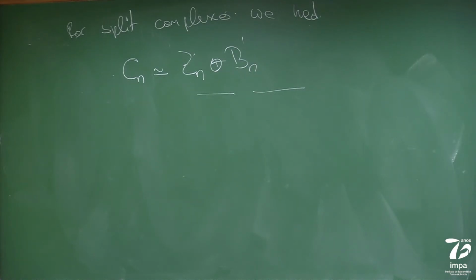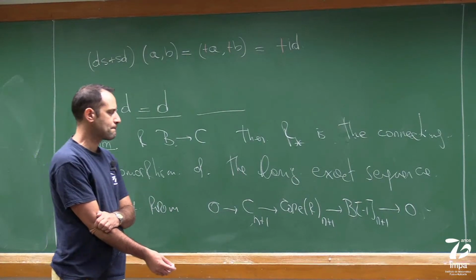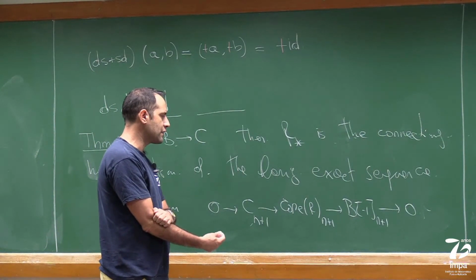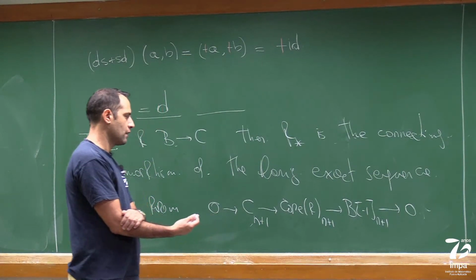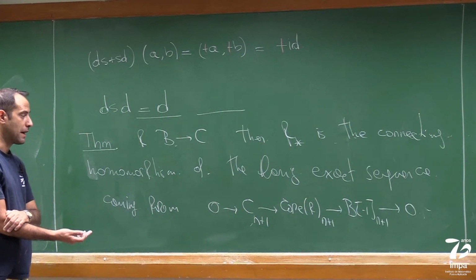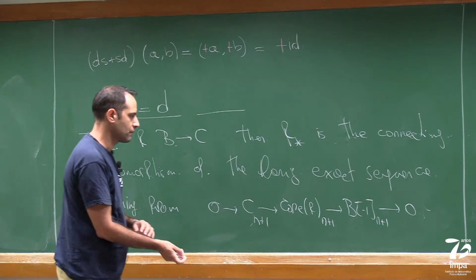Well, the thing about using the cone is that it reduces understanding quasi-isomorphic complexes to understanding split exact complexes.